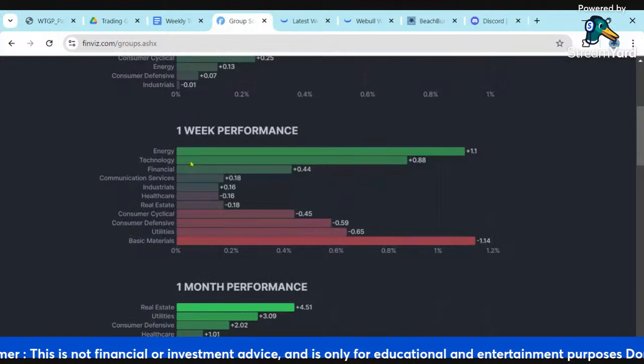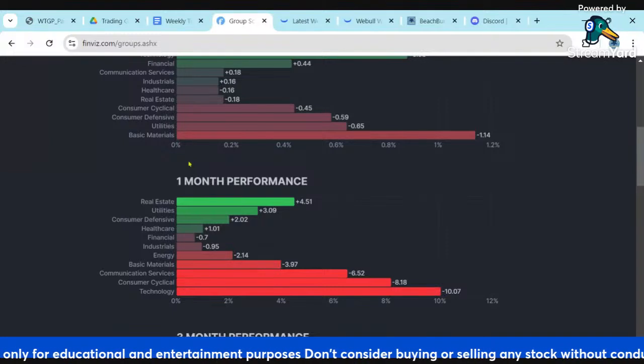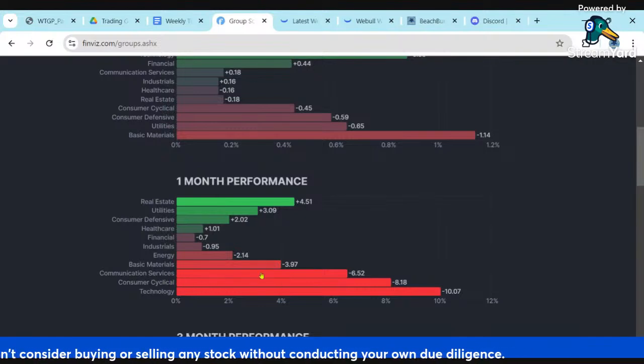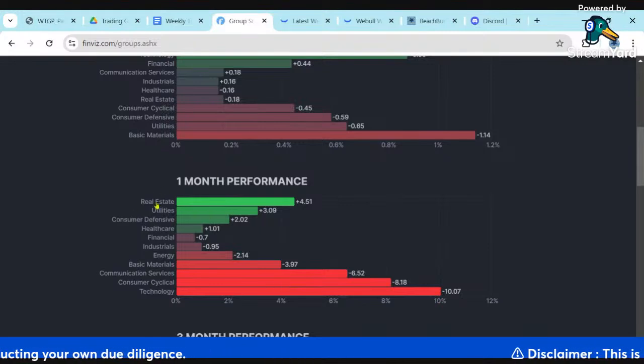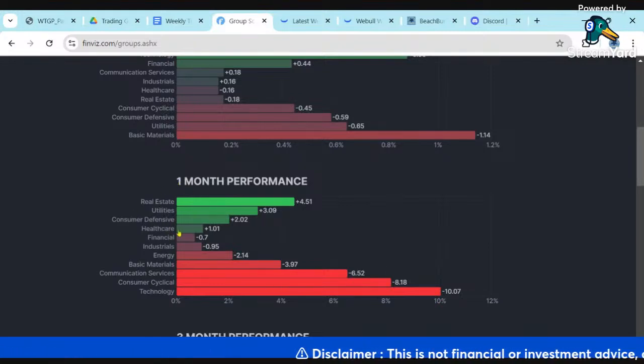So again, fueling further volatility, the buy the dips, rebounding on technology, and then rotating back to defensives. So for the month, technology and communication services pretty weak, cyclicals weak. So again, for the month, much more of a flight to safety, defensive bent.